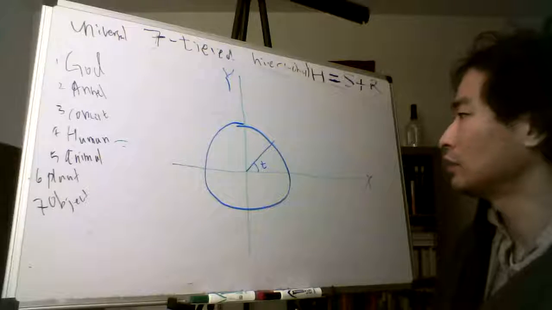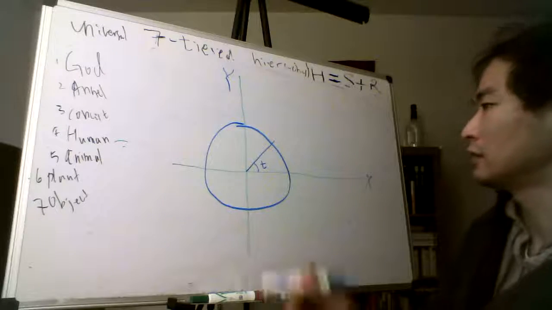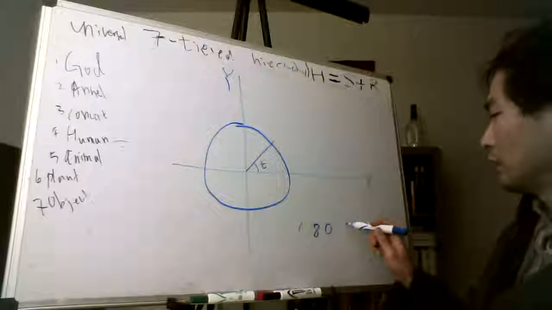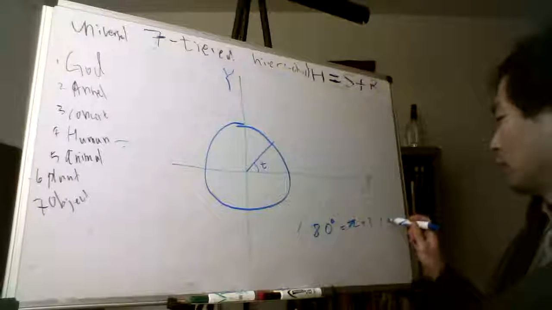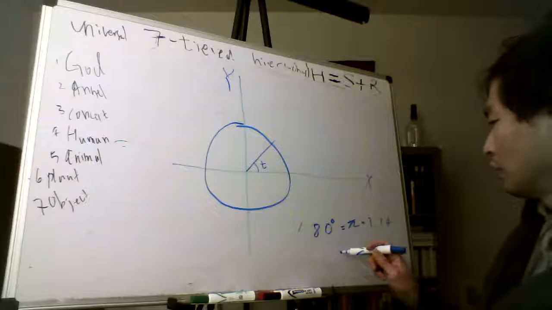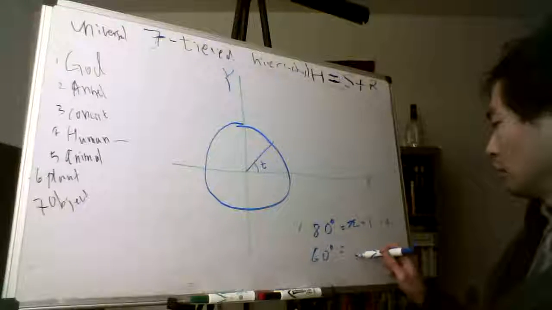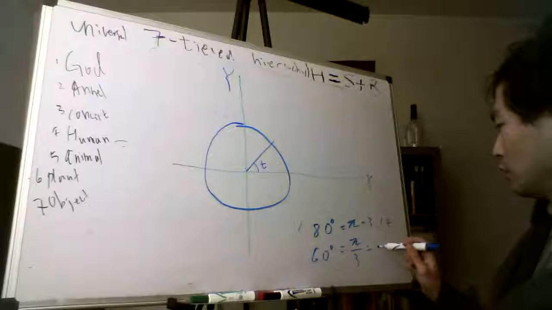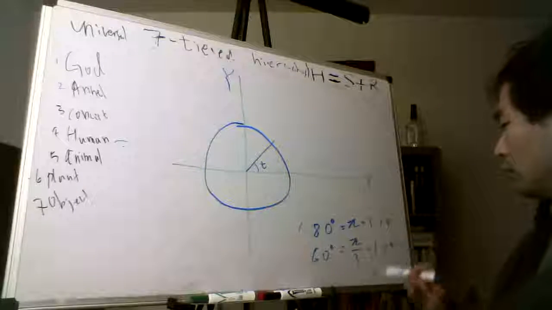Let's think about this. 180 degrees is pi. It's like 3.14 and so on. So 60 degrees is pi divided by 3, which is equal to 1.04 and so on.